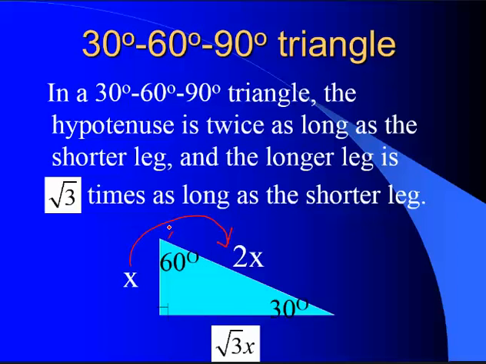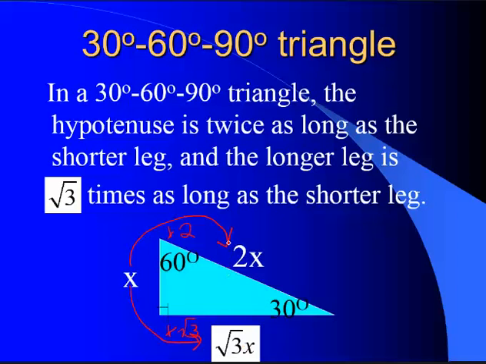And in a 30, 60, 90, you're going to multiply by 2. When I go from short leg to long leg, again, I'm getting bigger, so I'm going to multiply. This time I'm going to multiply by the square root of 3. So whatever number my x is, that's where I'm going to put in all three of these positions.